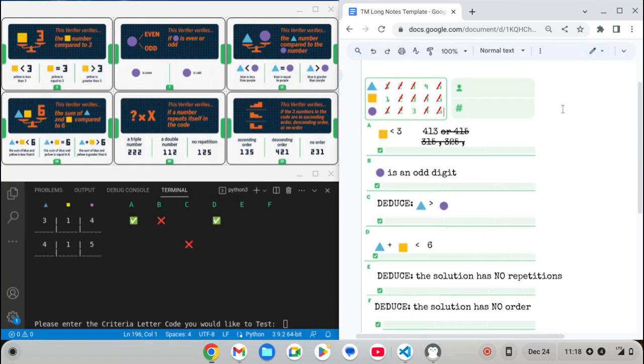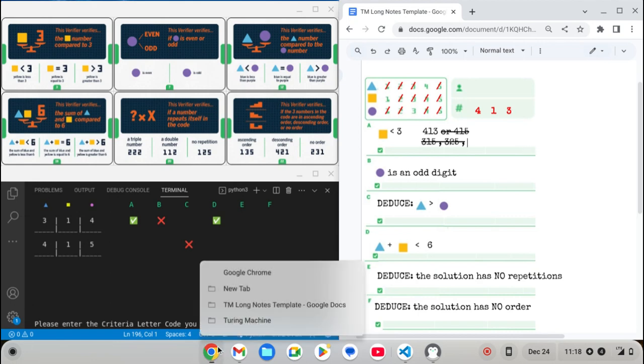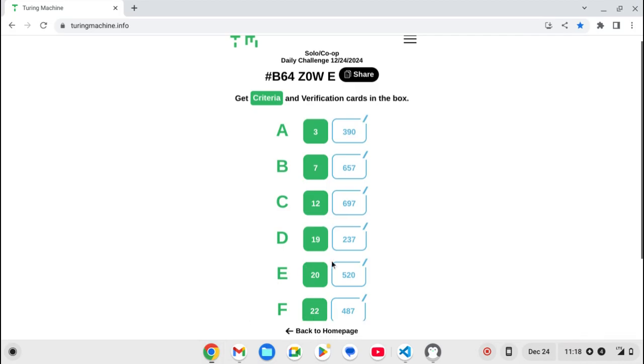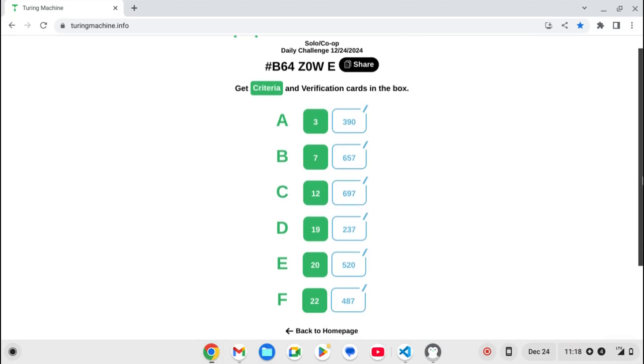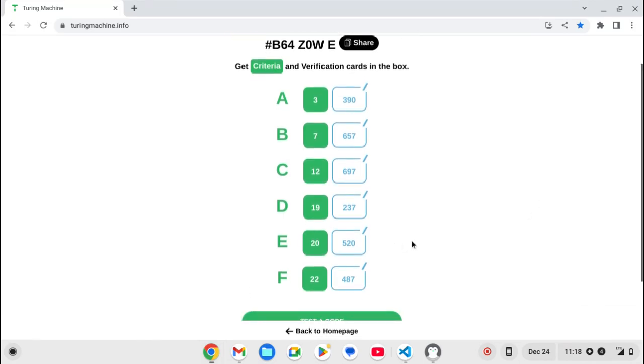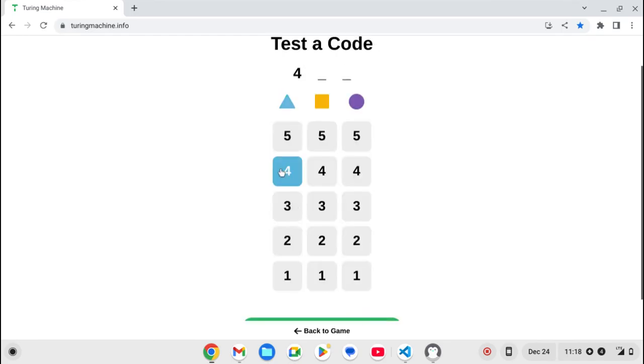So yeah, it looks like our solution is 4, 1, 3. All right, well, let's go verify that 4, 1, 3 is correct. Four, 1, 3.